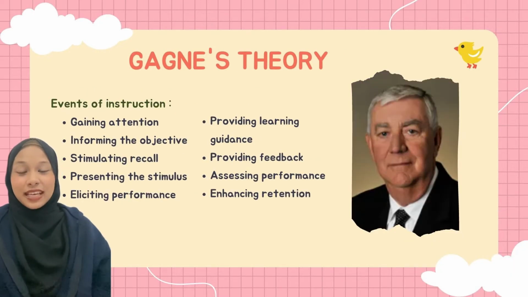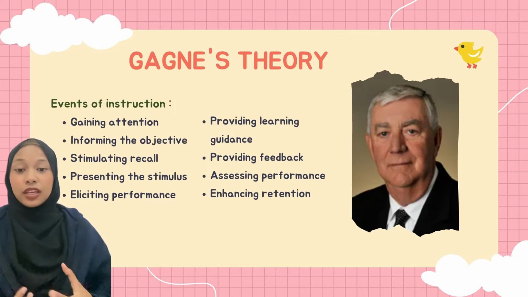The second theory that I apply in my lesson plan is Gardner's theory. Gardner's theory is one of the famous theories that we can use to apply in our lesson plans.